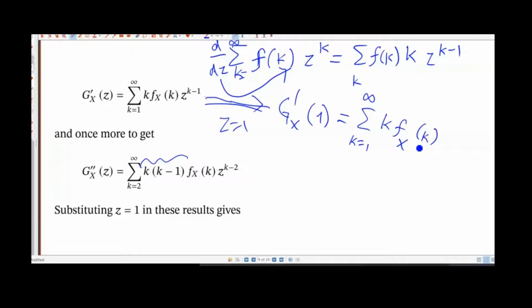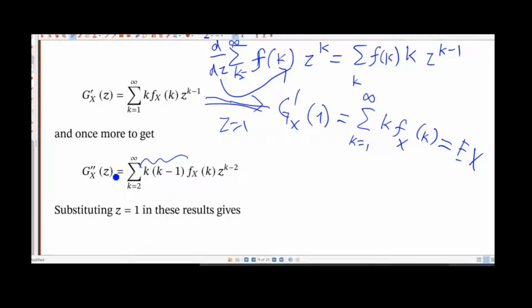What is this? Quick. It's not the PGF, because z is gone, so it is no longer the PGF. What is it? It is the expectation of X, expected value of X.